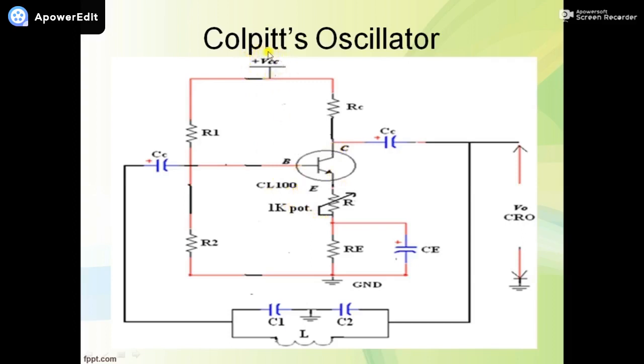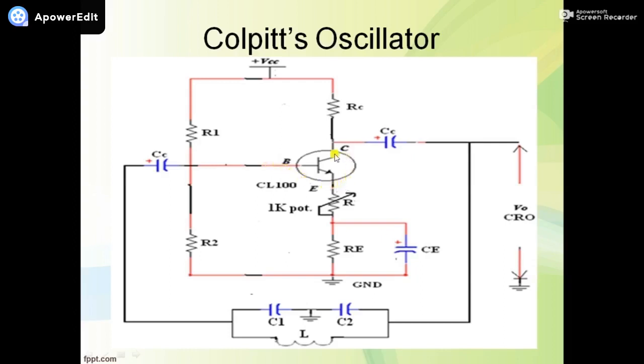When we apply plus VCC as the positive supply voltage, a signal comes at the base terminal of the common emitter transistor, and that signal may be in the form of a distorted signal.